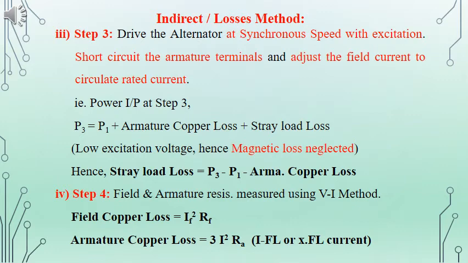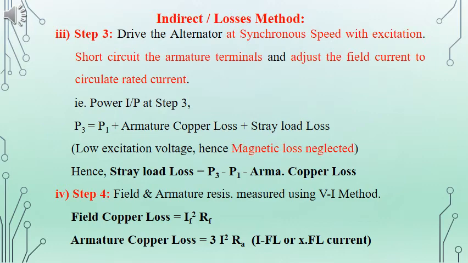Here we are circulating the rated current through the armature terminals, that is why we will have to consider the armature copper loss. And because of the current that is passing through the field circuit and through the armature conductors, we will have to consider the stray load loss too.